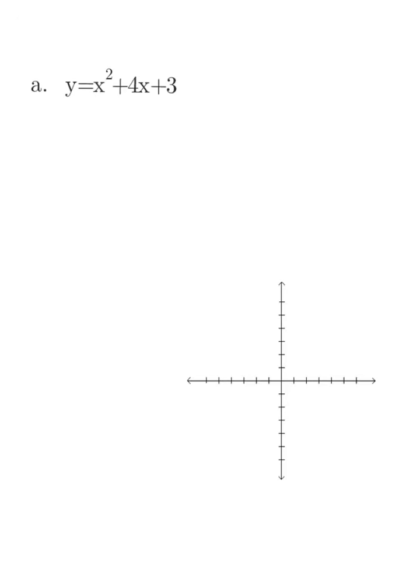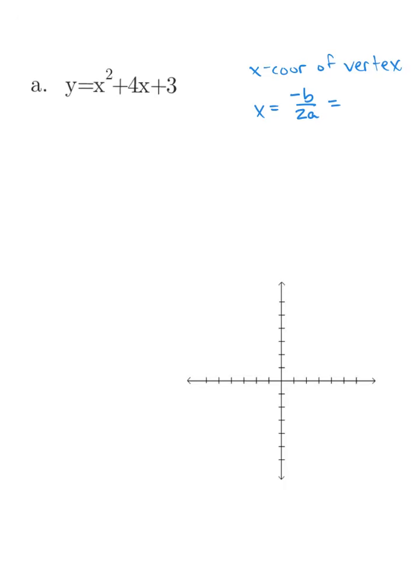Let's start with an example, y equals x squared plus 4x plus 3. To start off with, I want my x-coordinate of the vertex. I want to plug in my values for b and a into the equation, negative b over 2a.